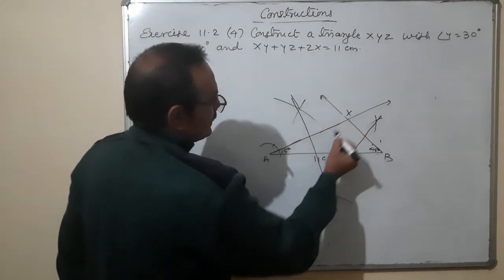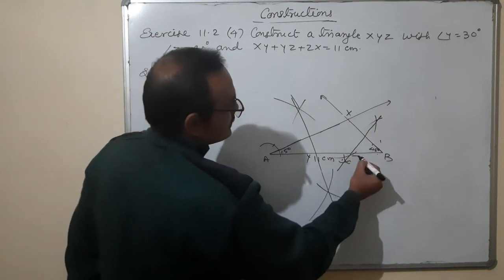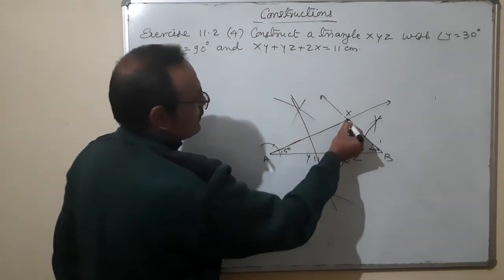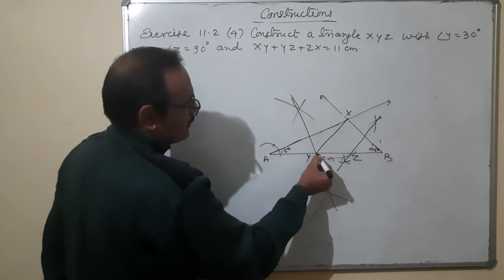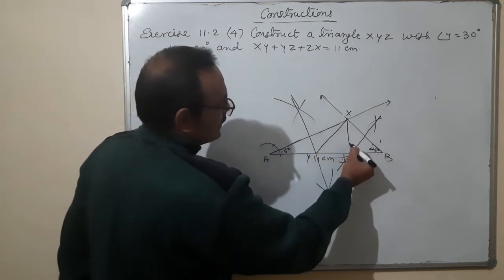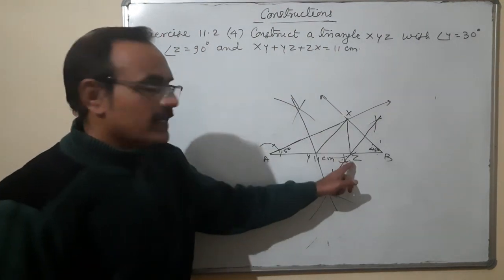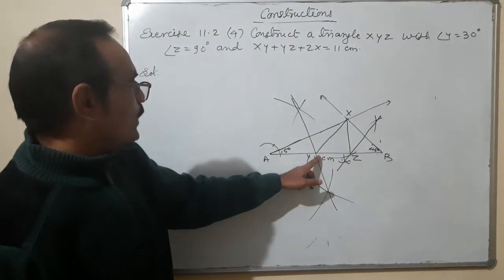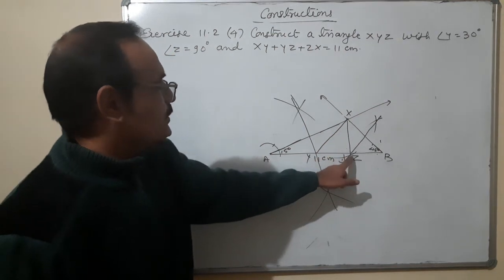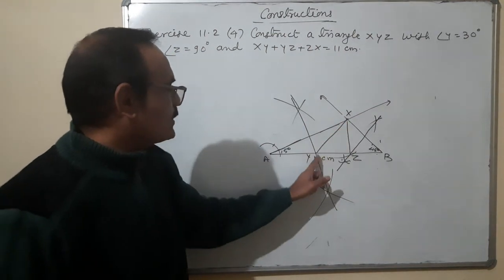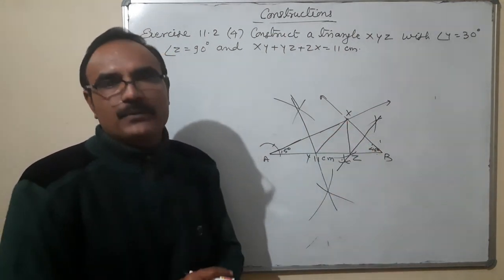So this point is Y and that is Z. We will join from X to Y and from X to Z. Your triangle XYZ will be a triangle in which angle Y is equal to 30 degrees, angle Z is equal to 90 degrees, XY plus YZ plus ZX is equal to 11 centimeters.